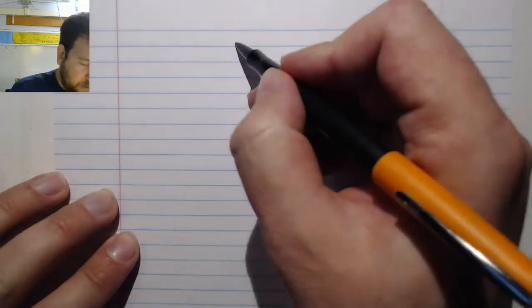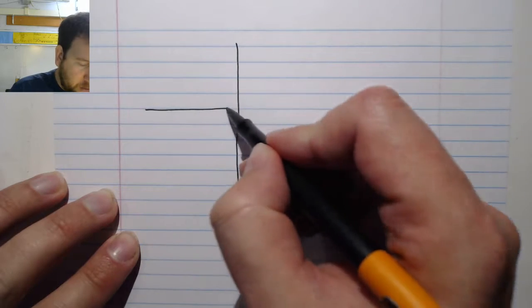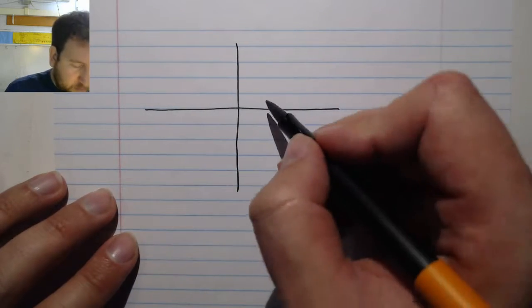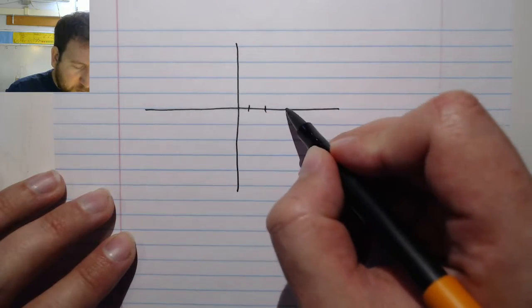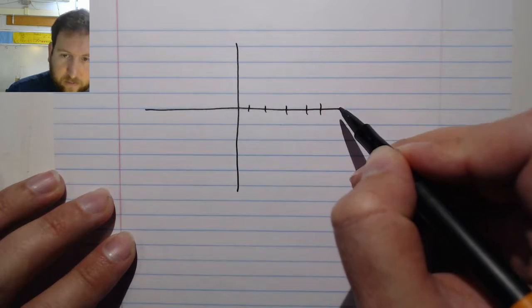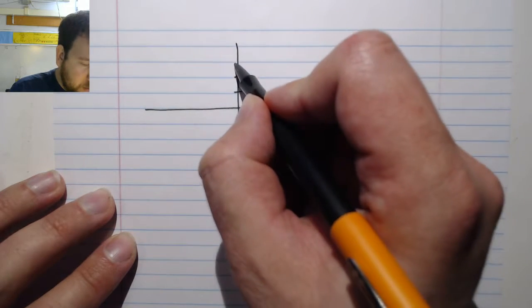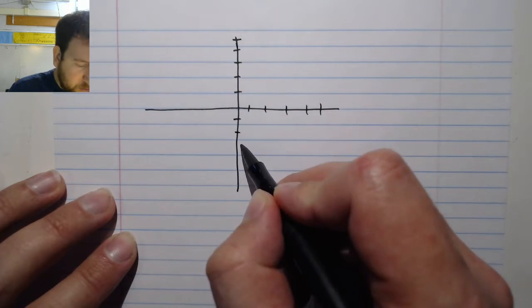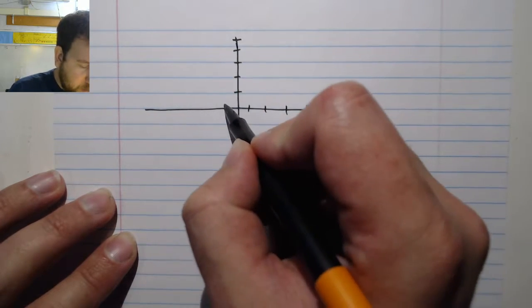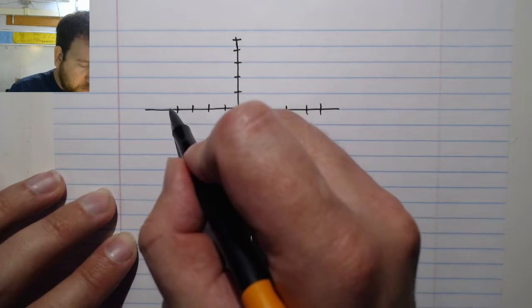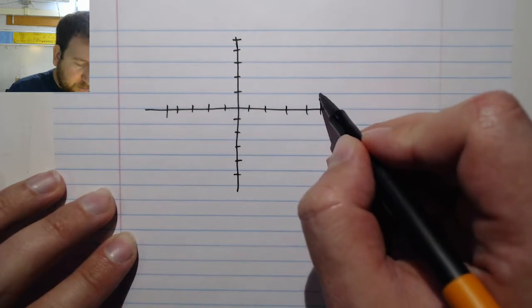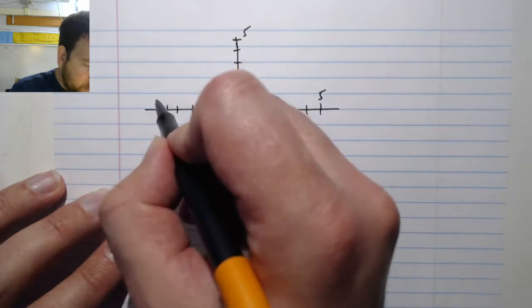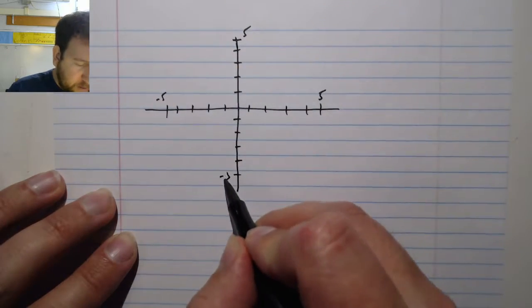Okay, let's make a graph. 1, 2, 3, 4, 5 in each direction, going 5, 5, negative 5, negative 5.